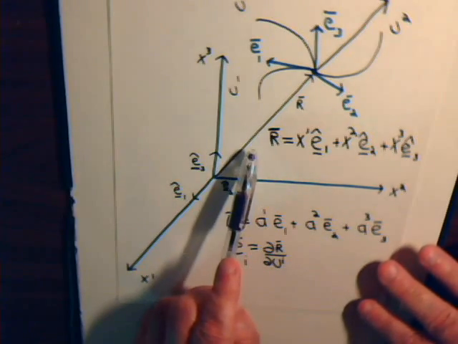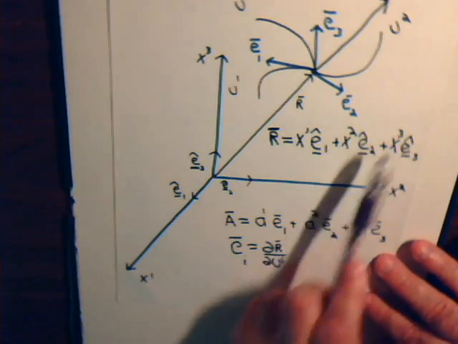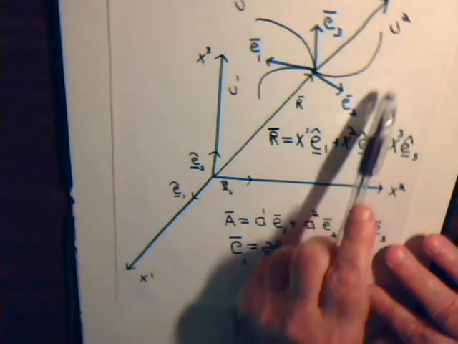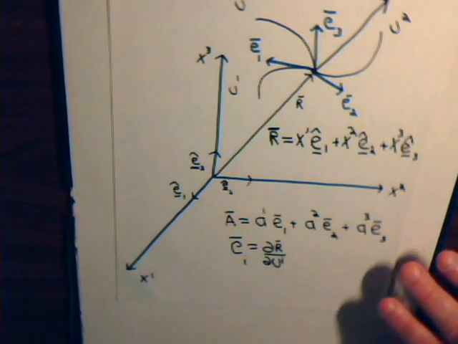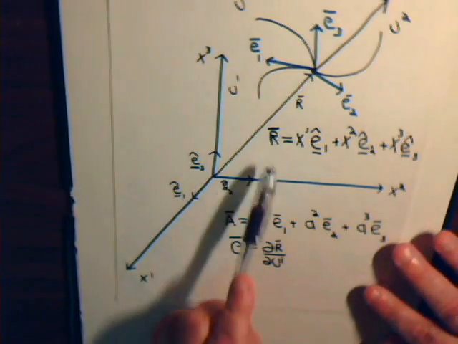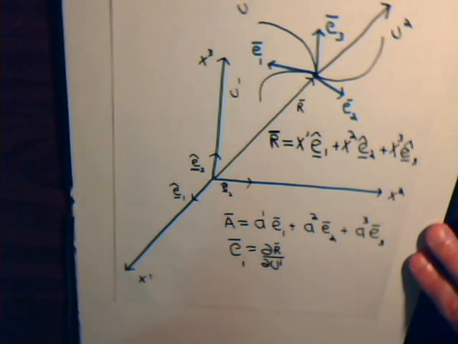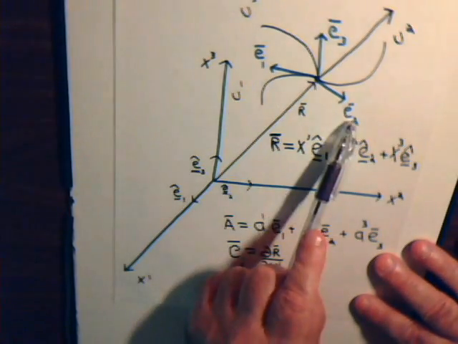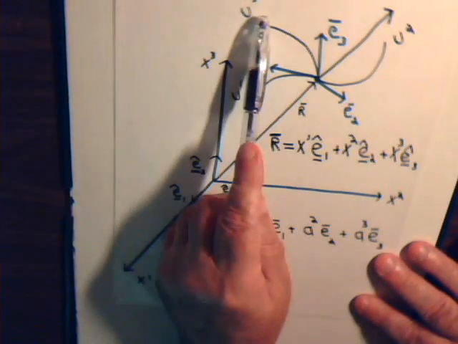If we take the partial derivative of the position vector with respect to u2, that gives us this other tangent vector that is tangent to the u2 axis at this point P, where the position vector is pointing. And likewise, if we take the partial of r with respect to u3, it gives us e3. These tangential vectors we label with a subscript, even though the axes themselves are labeled with superscripts.